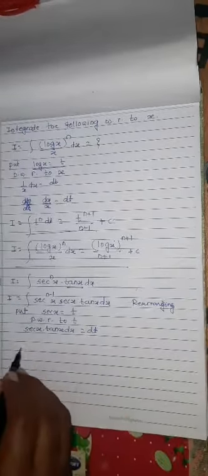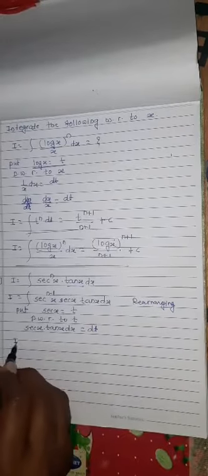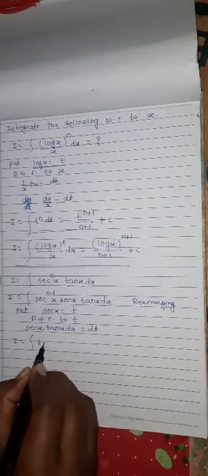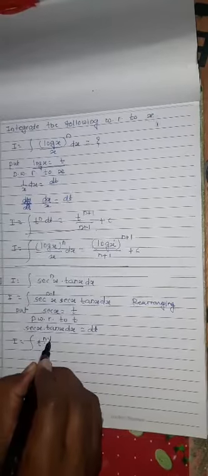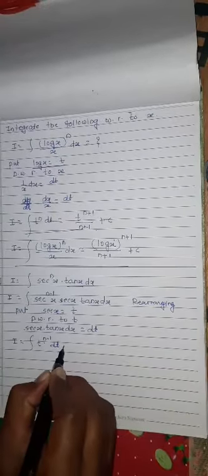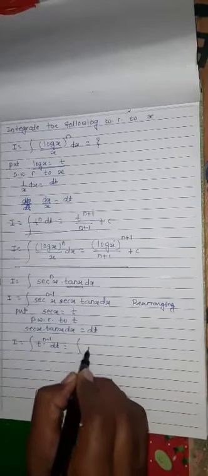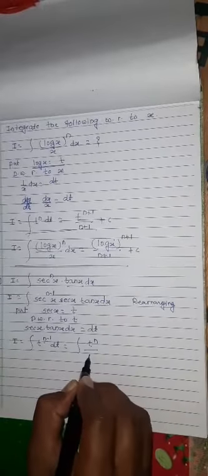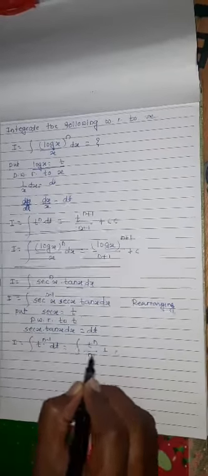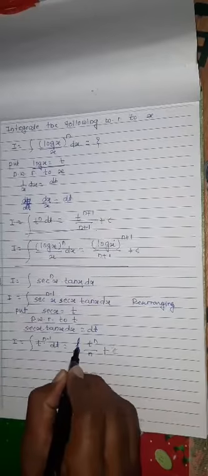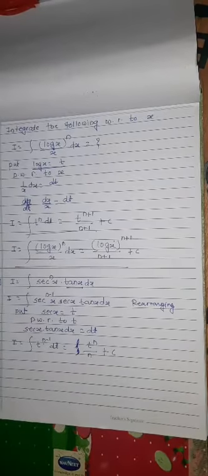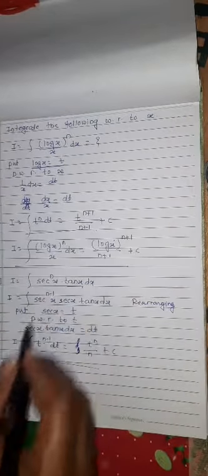Now the integral becomes the integration of t raised to n minus 1 dt, which is equal to t raised to n upon n plus a constant; here there should not be a sign of integration, isn't it? Now put this into the equation.